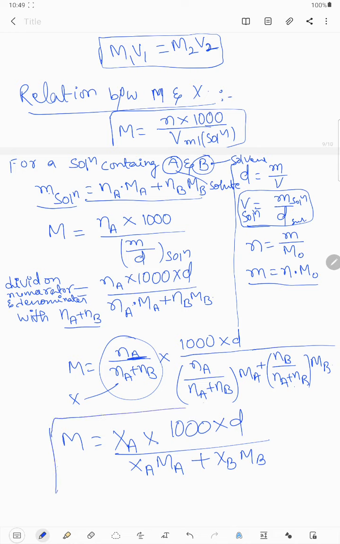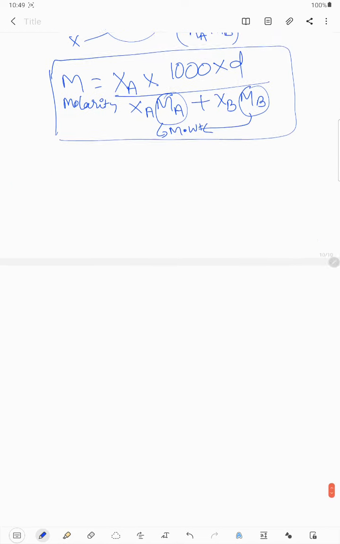So students, don't get confused. This is molecular weight, this is also molecular weight. This is molarity, this is molarity. So this is the relation between molarity and mole fraction.